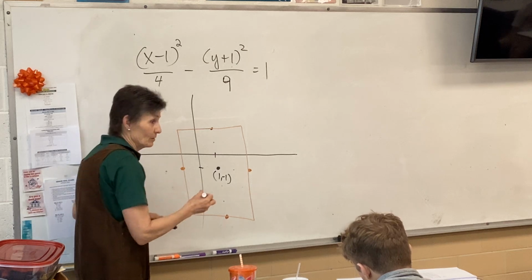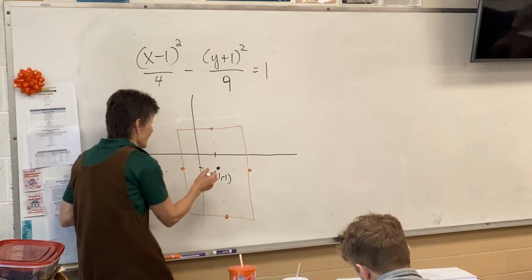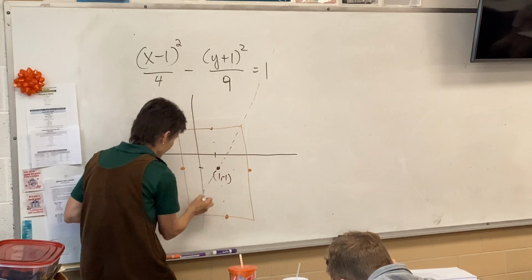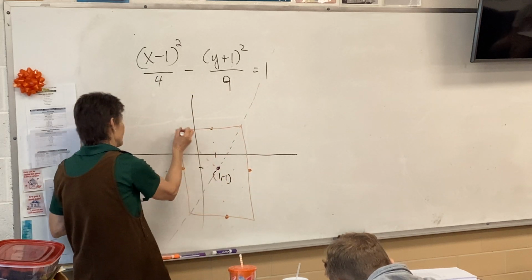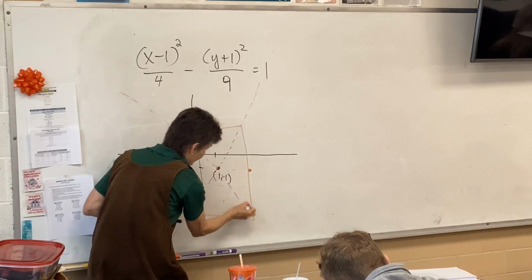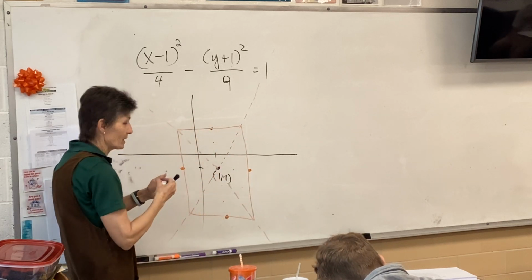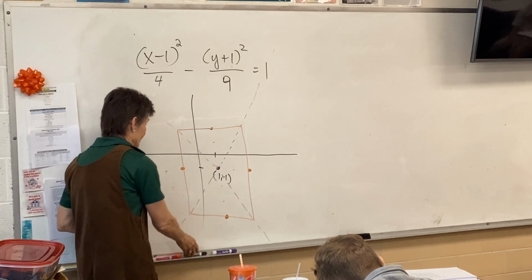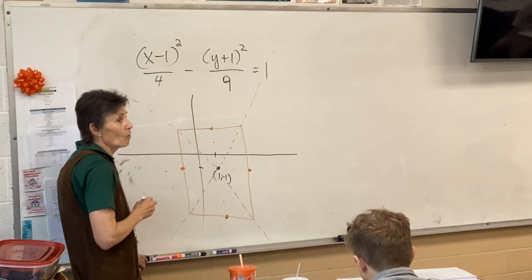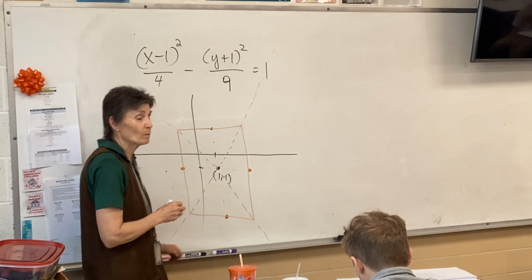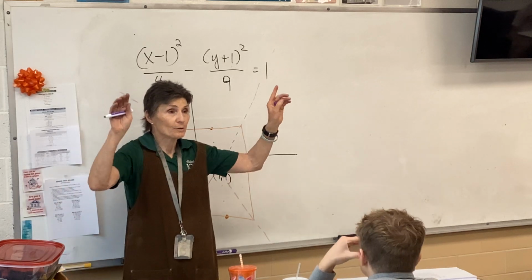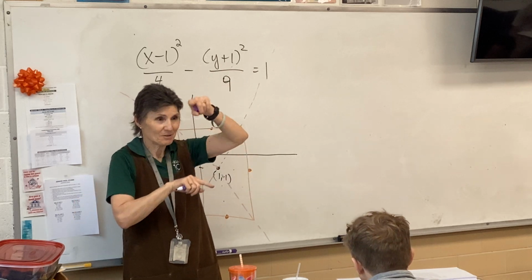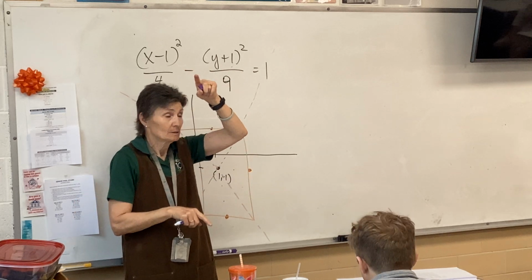Put in my diagonals, so they're called my asymptotes, but they're the diagonals of the box. So here I go, I'm extending them on. There we go. Now I have to draw in my curve. Remember, with a hyperbola, you can draw them left and right, or up and down, right?